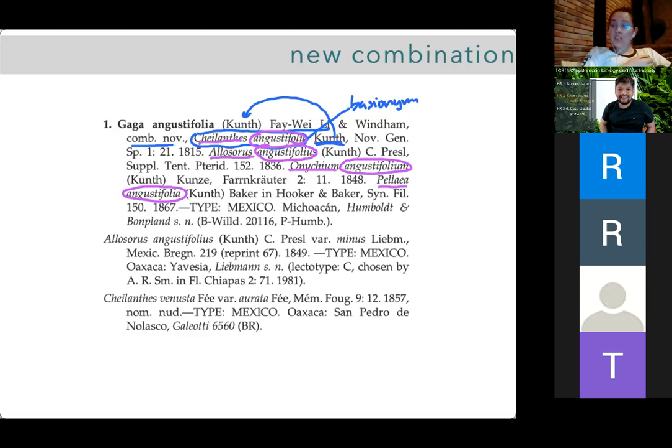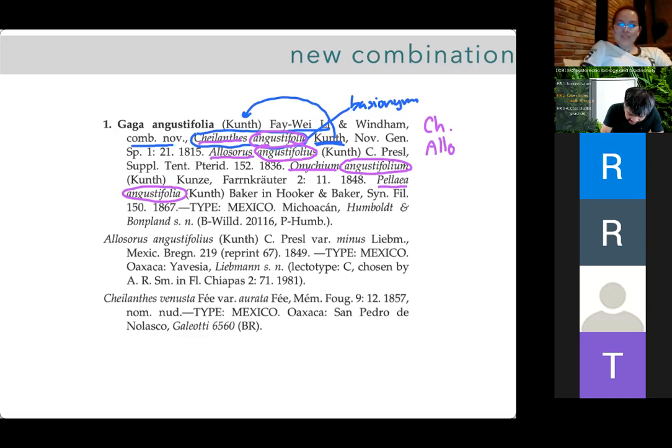Like what? So basically this particular fern had four names before. But then, so it used to be in Calentus, Allosorus, Onychium, and Pellaea. They're all angustifolia.